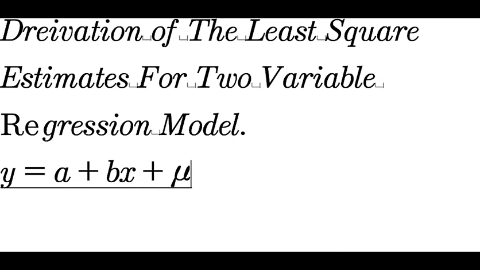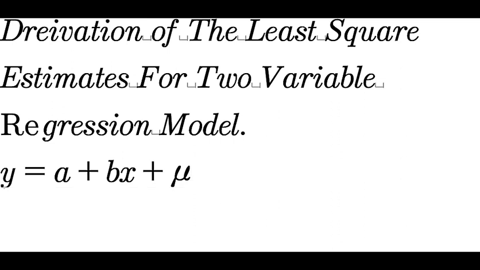It shows that all other factors or determinants of y are held constant. That is why we include the term mu to take into consideration all the determinants of the y variable.